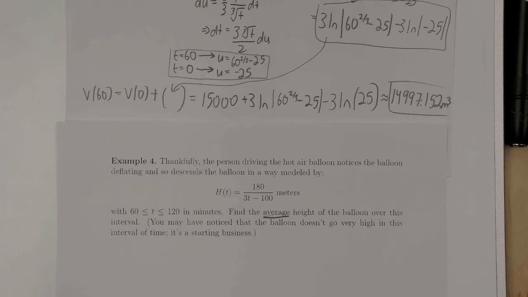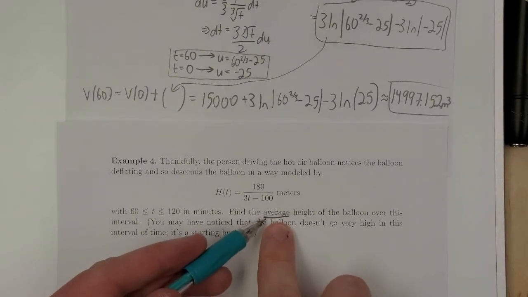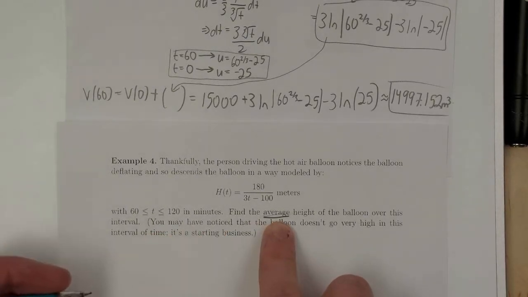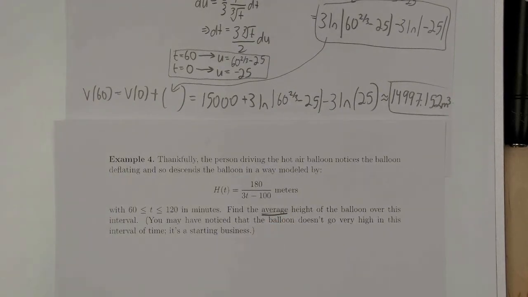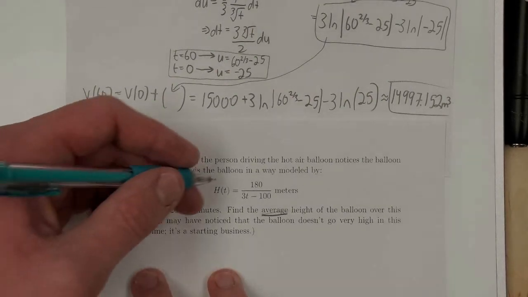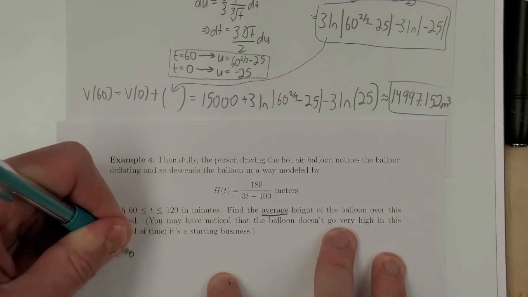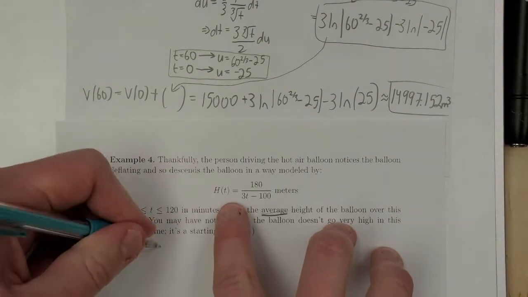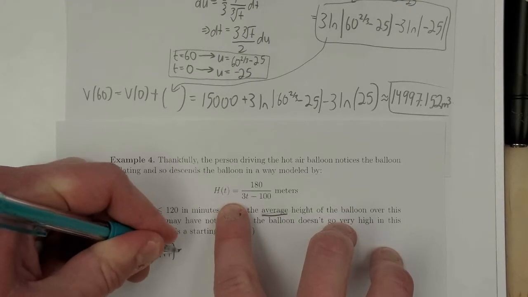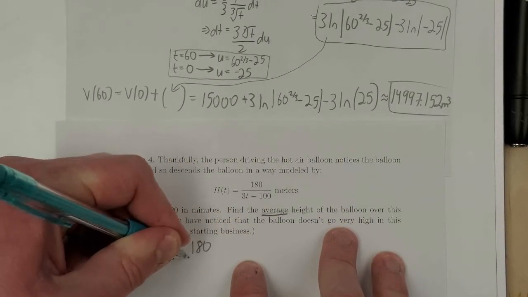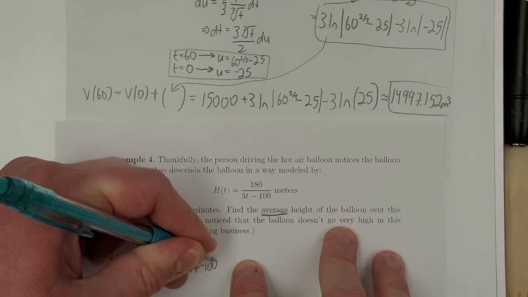So, if you take this keyword average into account, then that means we need to use that average value formula that we talked about last time, right? So, in this case, we're saying, all right, we need to find the average value of this height, which is modeled by h of t equals 180 over 3t minus 100.